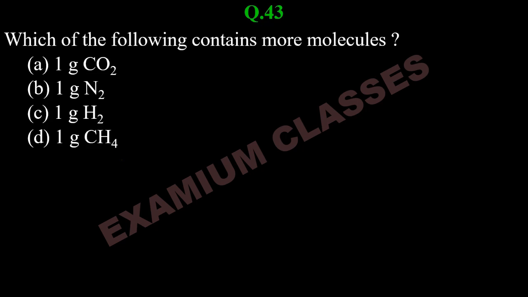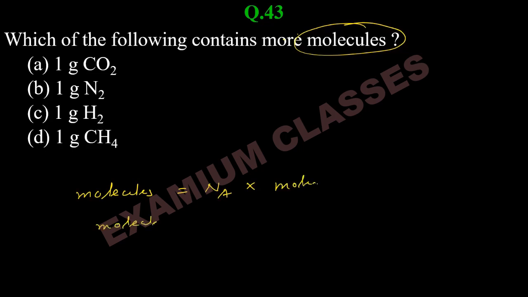Okay. So what is the relationship? Which will have more molecules? Molecules actually will be in proportion to moles, because molecules will be equal to moles multiplied by Na. It means molecules will be proportional to number of moles.